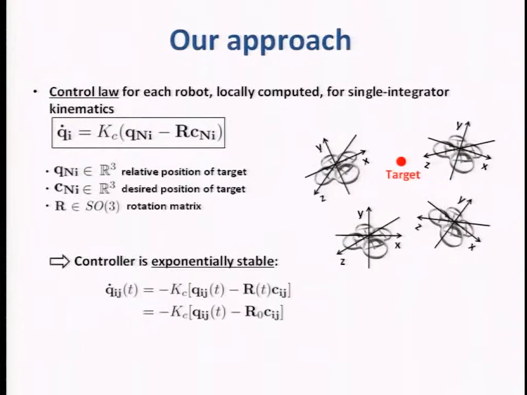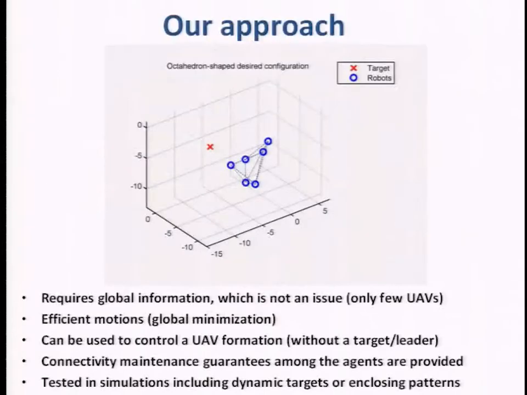To define the control law, we propose a method which is based on minimizing the cost function by using the negative gradient of the cost function. We show that this control law is exponentially stable. And these are several examples of this method.